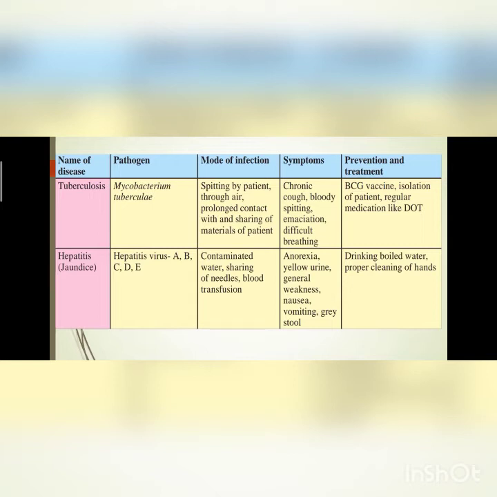Symptoms, chronic cough, bloody spitting, emaciation means very thin, difficult breathing. Treatment, BCG vaccine, isolation of patient, regular medication like DOT. DOT means directly observed treatment.